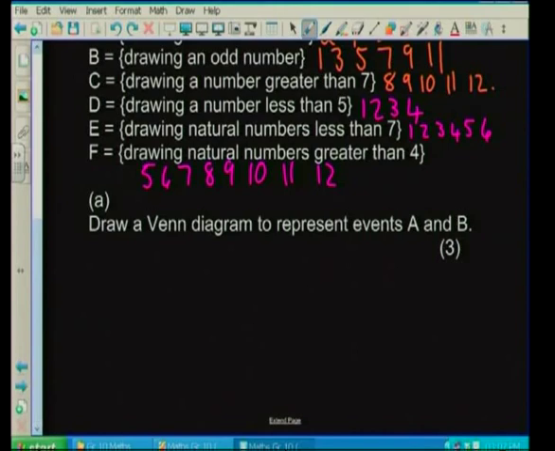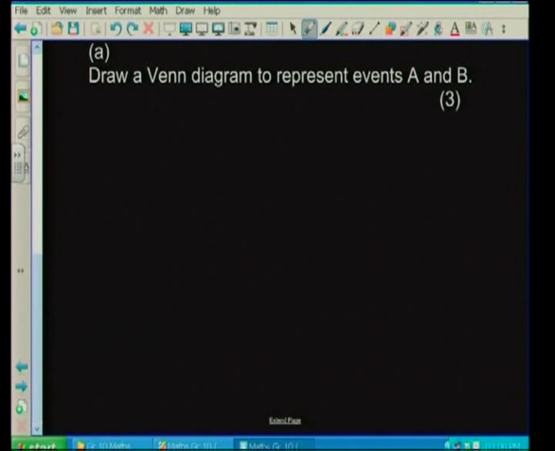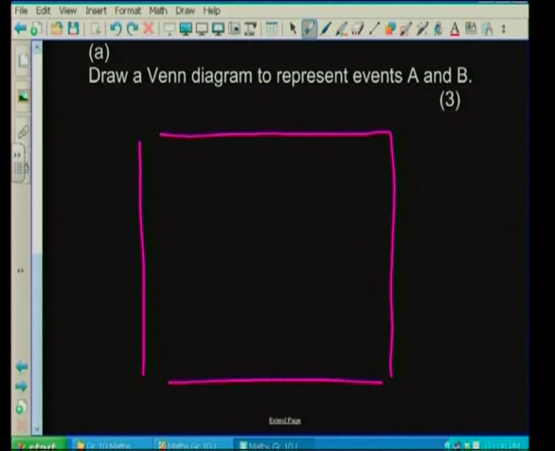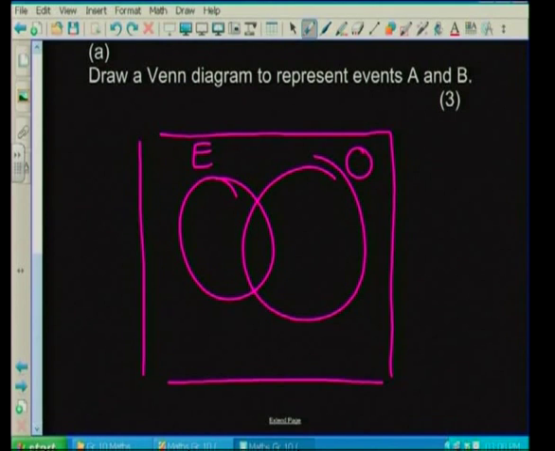So we're going to start off with our rectangle. Our sample space is the numbers from 1 to 12. One circle for even, one circle for odd. Now guys, I know that a number can be either odd or even, so you don't really have to make your circles intersect, because I know that these are mutually exclusive events.